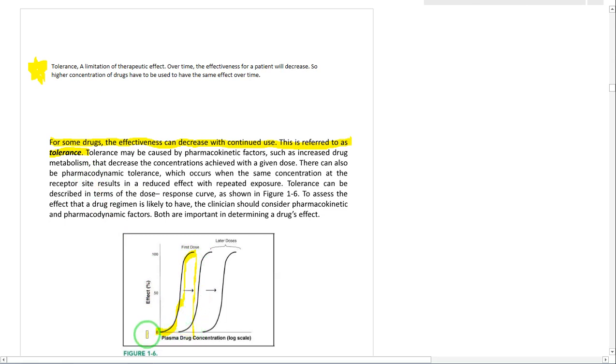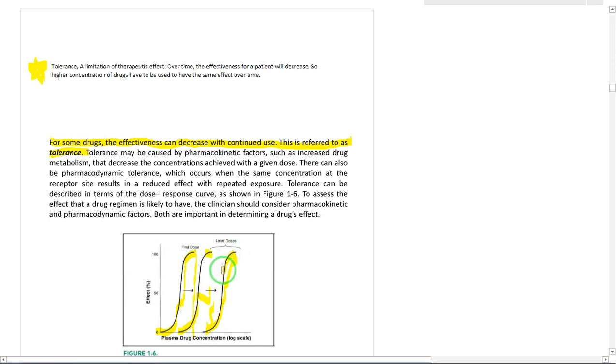However, the next time, I have to apply a higher amount of drug to reach the same effectiveness. You can compare it with people who are addicted to drugs. For example, they start with cigarettes, then they move on to much more effective and stronger drugs in order to give them the satisfaction. So this is called tolerance.